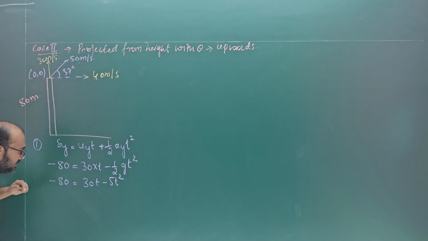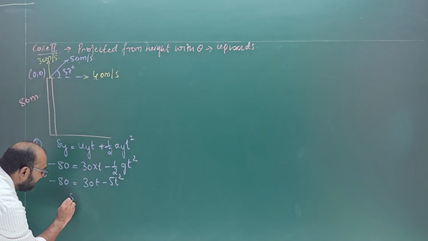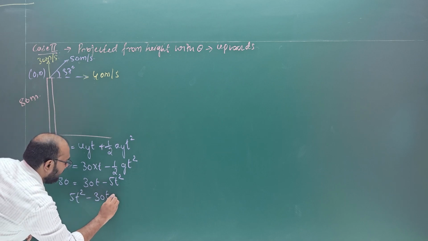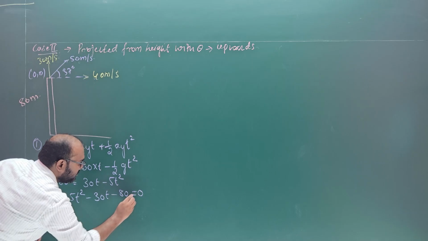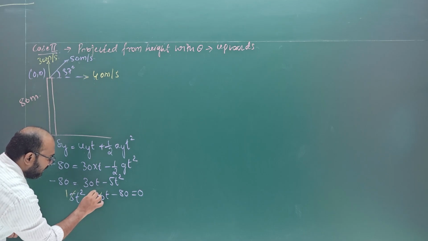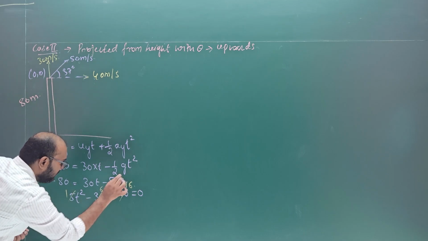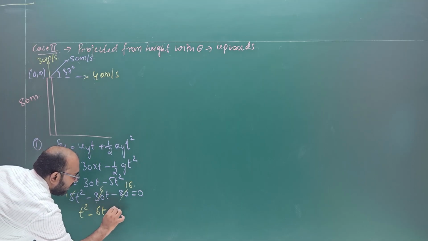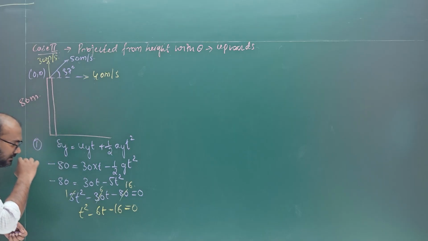Rearranging this, 5T square minus 30T minus 80 equals 0. Now this quadratic equation will not factorize. So dividing by 5, T square minus 6T minus 16 equals 0.